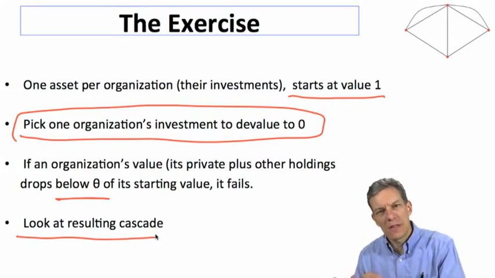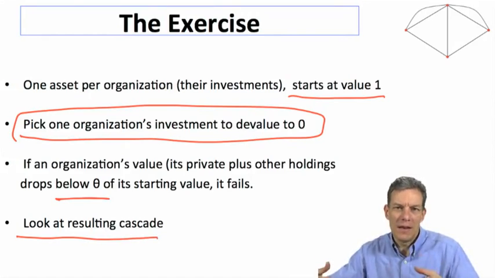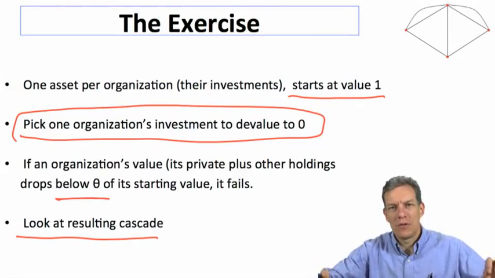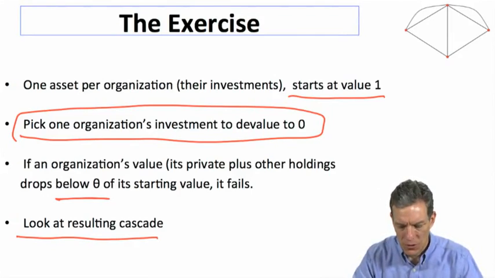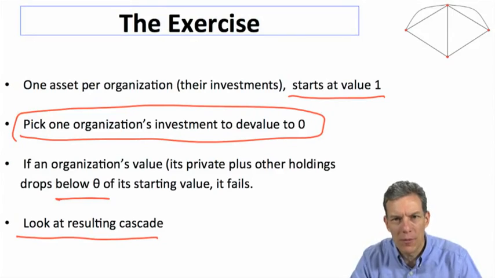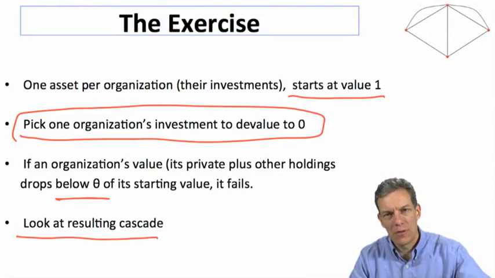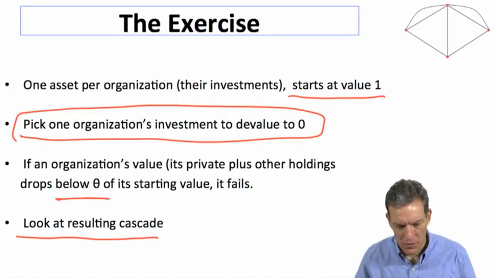So generally the first organization is often going to fail, depending on what the level of C is, and then that's going to possibly, now it can't make payments to other organizations, they lose the value, and so forth. Okay, so that's the structure. And we can do this in a very simple program now. We construct the random network as described before, shock 1 organization, see whether it's insolvent. If it is, then we're failing it. We look at other organizations, they're losing value, and we go through this.